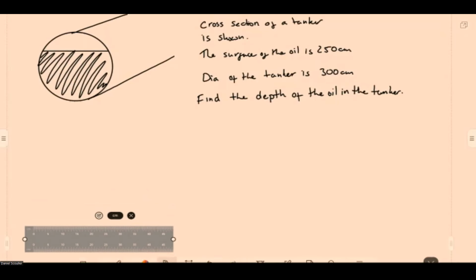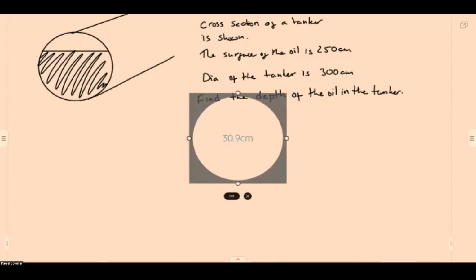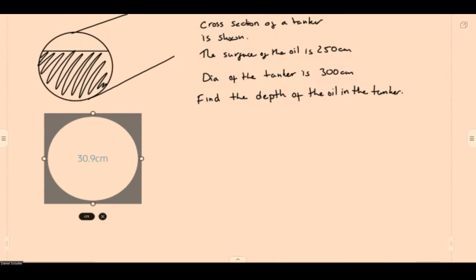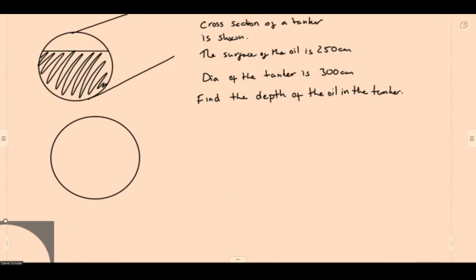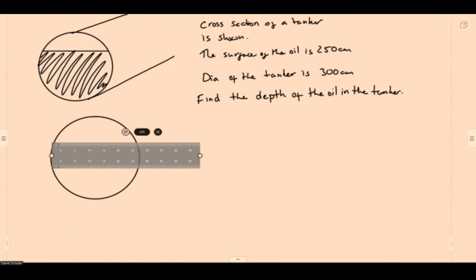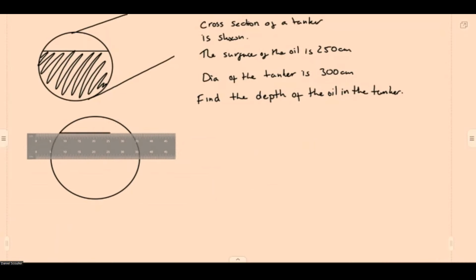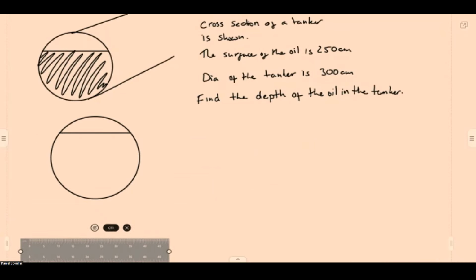Going back to my circle, if I redraw this without the sketch of oil, I can draw that circle like so. Now if I say A and B, A to B is 250 centimetres.